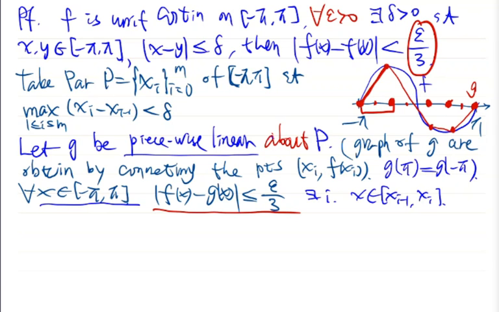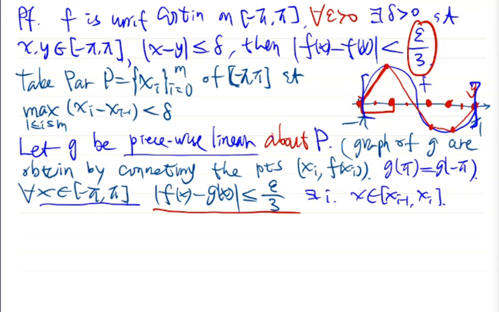So let S_n be the partial sum of the Fourier series for the 2 pi extension of g. g is defined over [minus pi, pi], but we make a 2 pi periodic extension of g, and we still denote it by g.